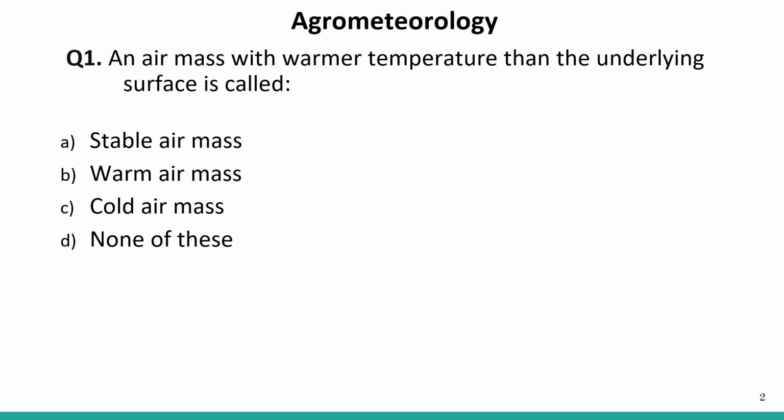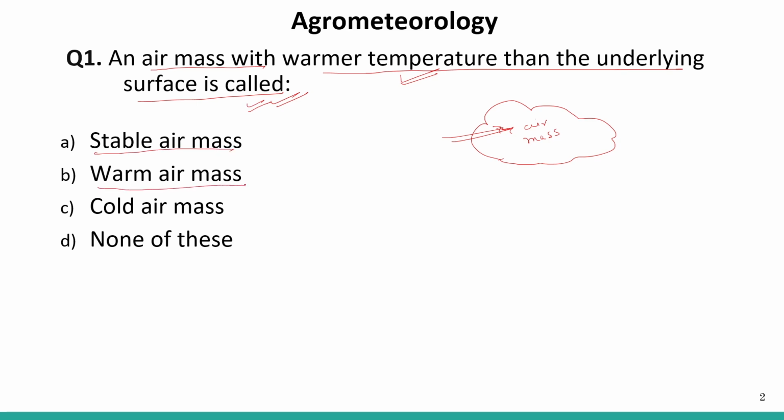Okay, so the first question is, an air mass with warmer temperature than the underlying surface is called as. So we are having a warmer air mass. This is the air mass. With warmer temperature than the underlying surface is called as: stable air mass, warmer air mass, cold air mass, or none of the above.